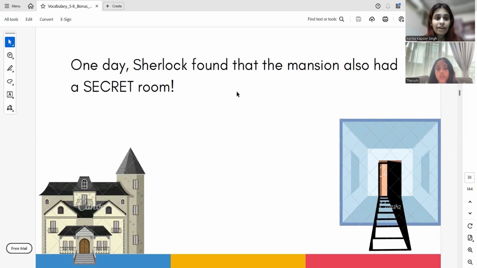One day, Tharushi, Sherlock found that the mansion also had a secret room. What was there in the mansion? A secret room. Yes, just wait a sec. Okay, so that secret room was all dark. Let us see what was in the secret room.